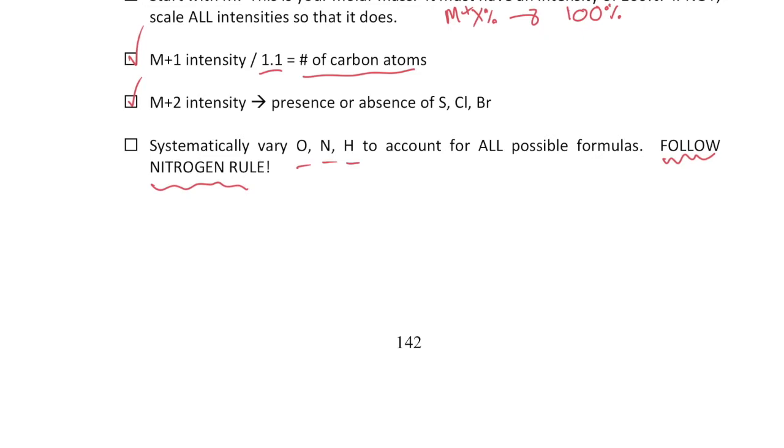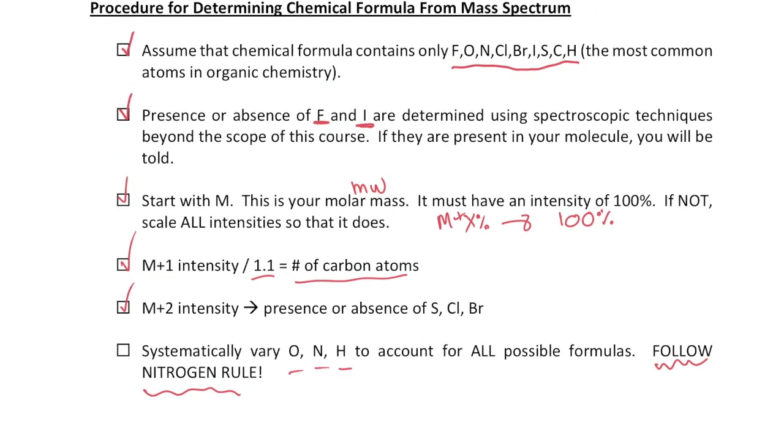Okay. In fact, I like to add that tip up here again because it's easy to forget, but also ask yourself about the nitrogen rule with your M plus. See if that applies. Do you have an odd mass or an even mass? Okay, you ready for an example?